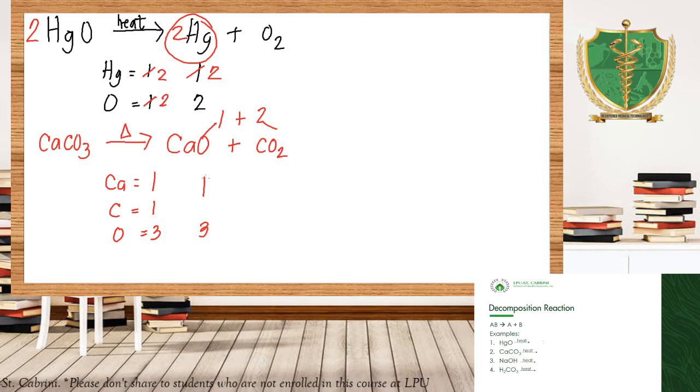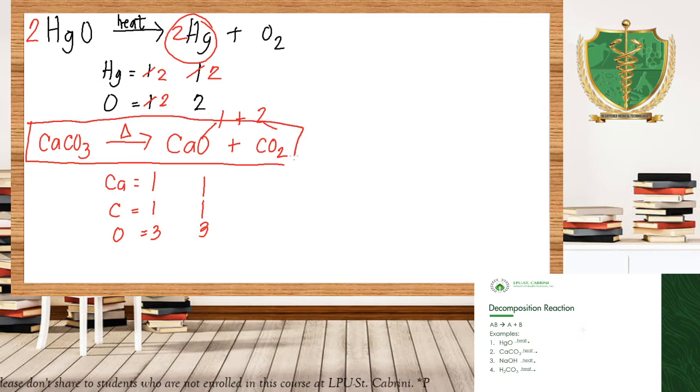How many carbon do we have? 1. Do we have a balanced equation? Yes. Okay. This is already our balanced equation. Okay. Next, another example is we have the decomposition of sodium hydroxide.